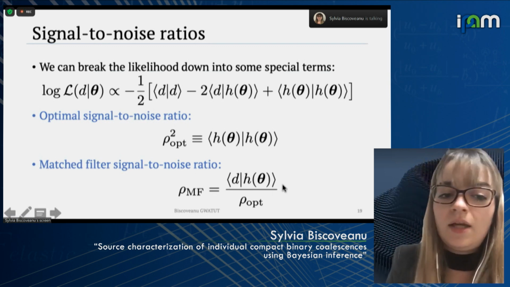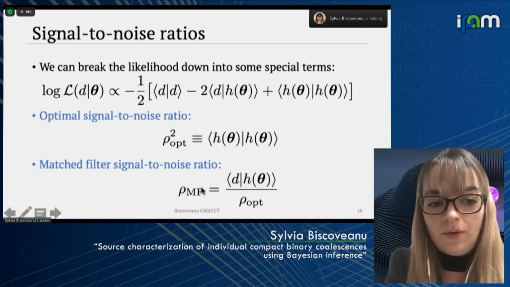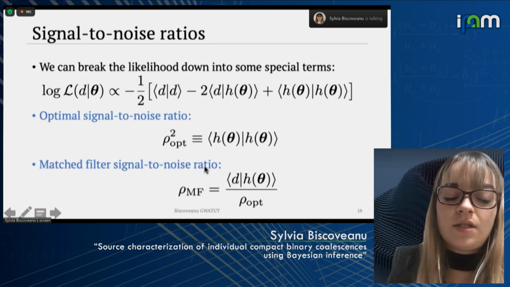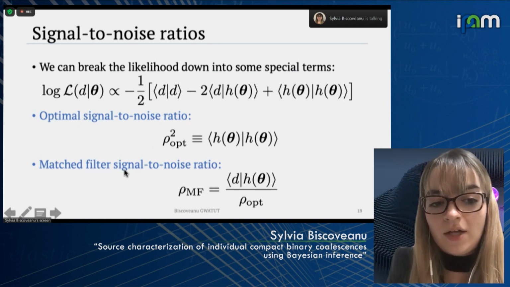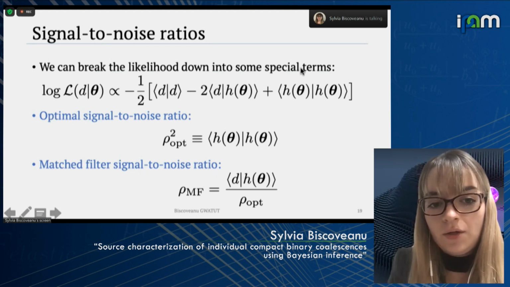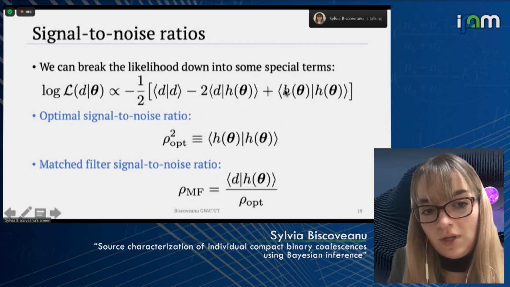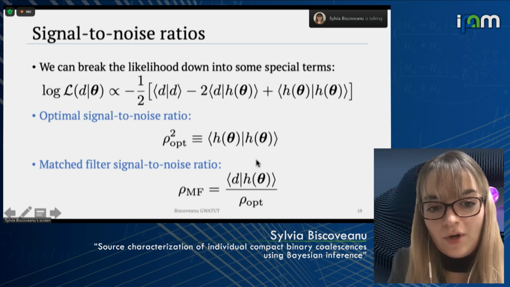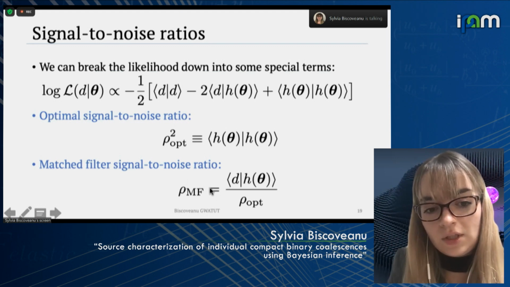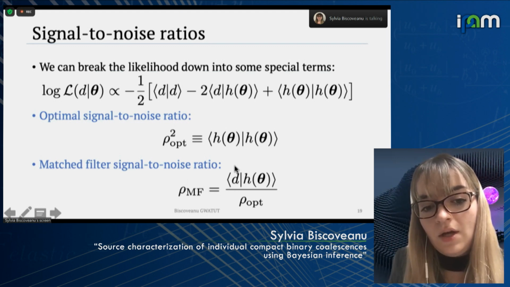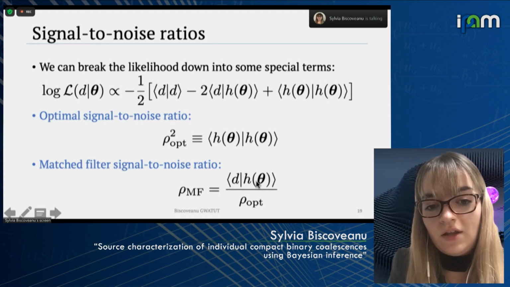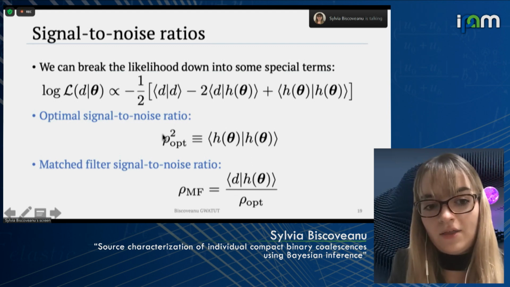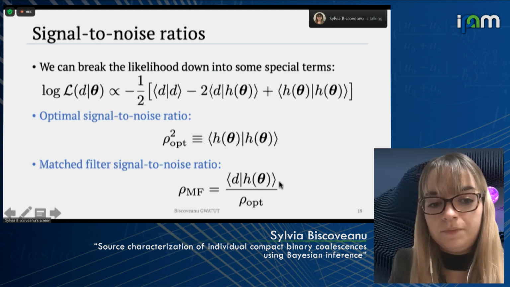In reality, our detector does have noise, and so that is encapsulated in the match filter signal-to-noise ratio, which utilizes this second inner product here. The match filter signal-to-noise ratio is the inner product of the data with the signal divided by the optimal signal-to-noise ratio.